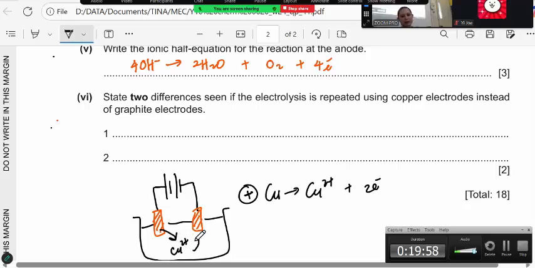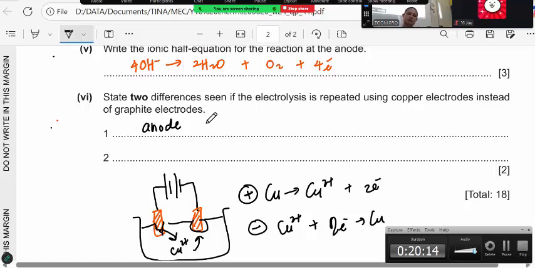And then this copper ion will stick at the negative, at the cathode, it will be the opposite. So one becomes big, one becomes small. Two differences. So for this one, the anode decreases in size or dissolves.